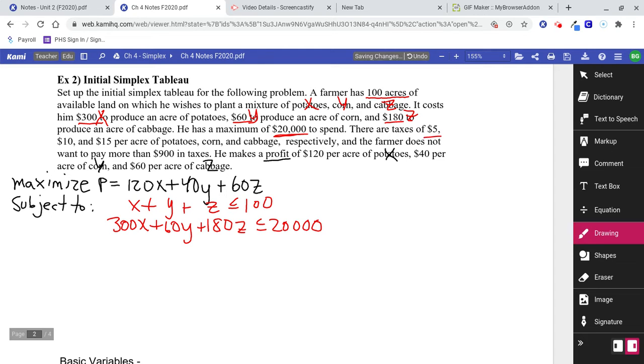And then the last one, they talk about taxes, 5, 10, and 15 for potatoes, corn, and cabbage, and he does not want to pay more than 900. So you're looking for limitations. That's a limitation. He can spend less than or equal to 900. So it was 5, 10, and 15: 5x plus 10y plus 15z.